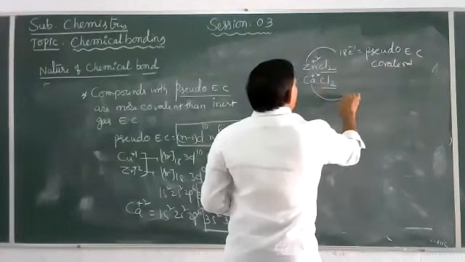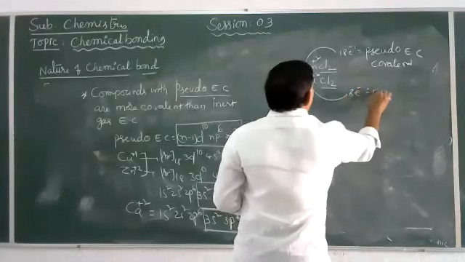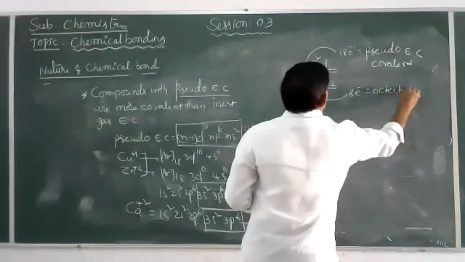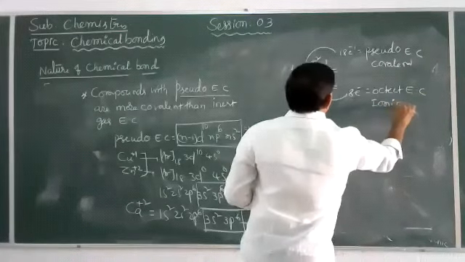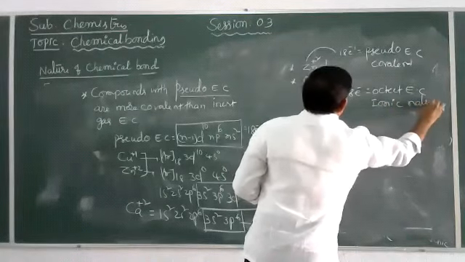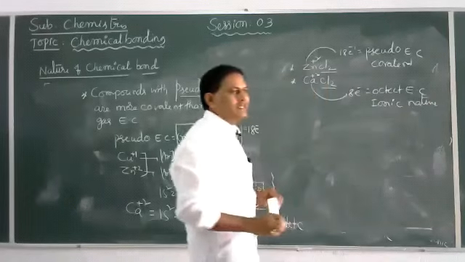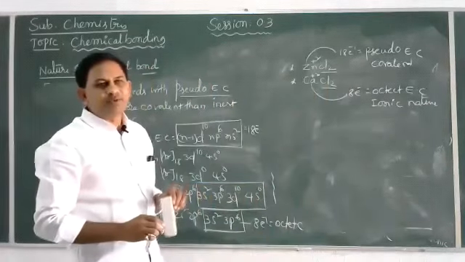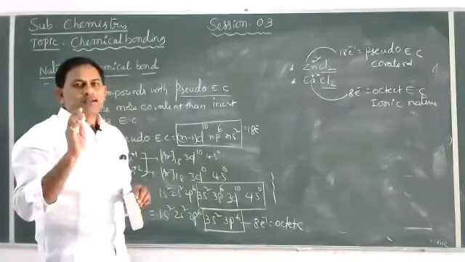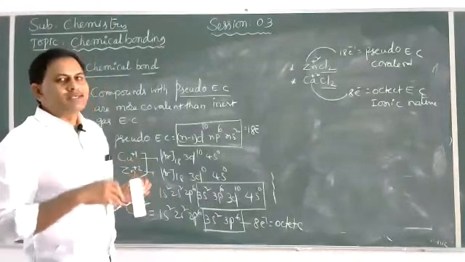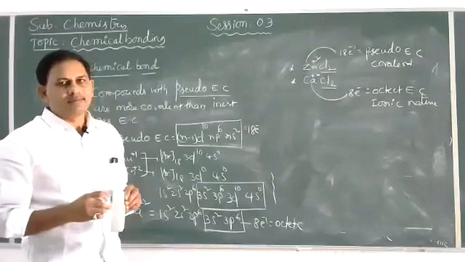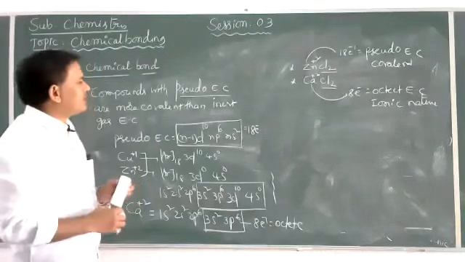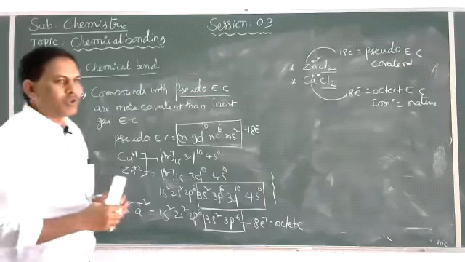And here Ca2+ has 8 electrons, that is the octet electronic configuration. This is ionic in nature. So in this manner, by using Fajans concept, we can easily express the nature of compounds, either ionic or covalent, in increasing or decreasing order. Clear.